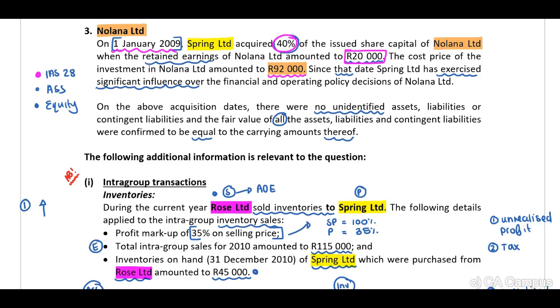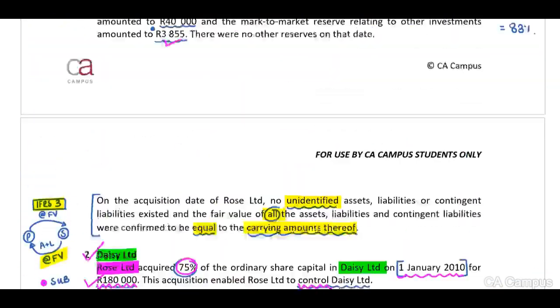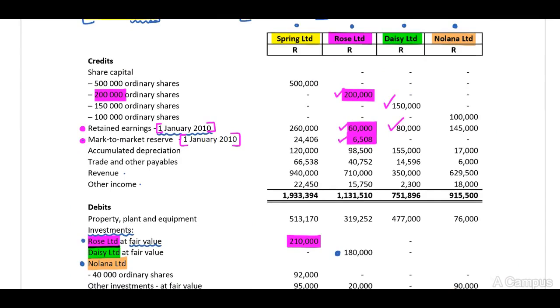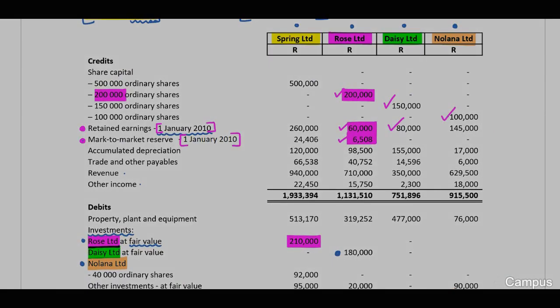We need to apply IAS 28. Guys, the next paragraph only indicates to us that our carrying amount and fair value of our assets and liabilities are equal. Okay, so let's transfer the 20,000, let's transfer the 92,000 to our analysis of owner's equity, as well as our share capital. When you look at the column of Nolana, our share capital is 100,000.